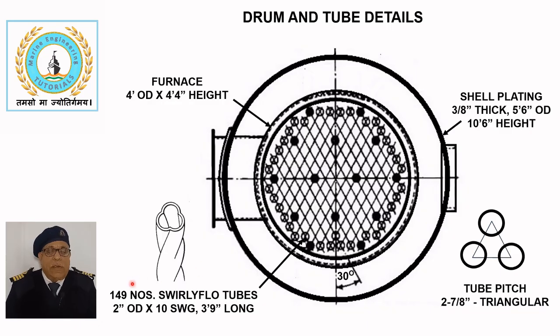The tube stack consists of 149 swirly flow tubes of 2 inch outside diameter, 10 standard wire gauge or 3.5 millimeter thick and 3 feet 9 inches long, at a triangular pitch of 2 and 7/8 inch.